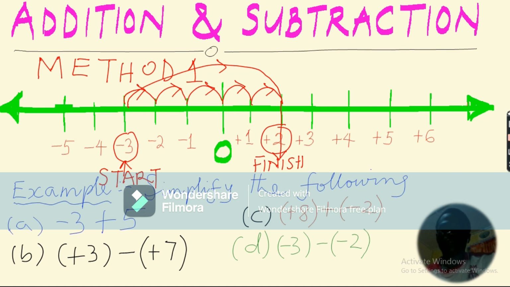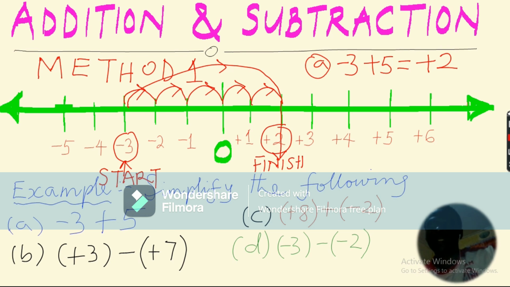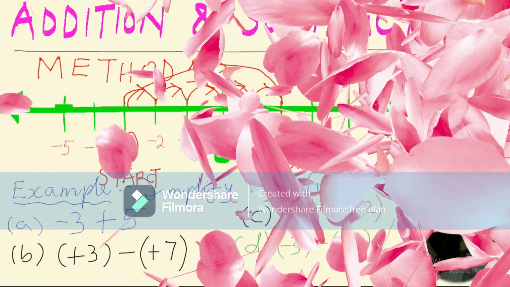Always write your conclusion. So for that first question A, our answer for -3 plus 5, since we are finishing on +2, is +2. Sometimes when you don't put the plus there, it also simply means 2. So you can just write 2 as your final answer, or +2.